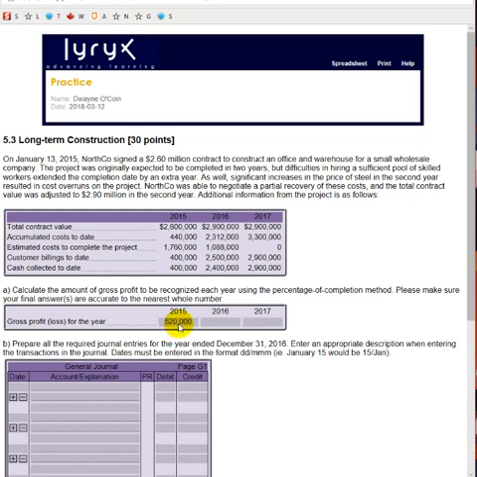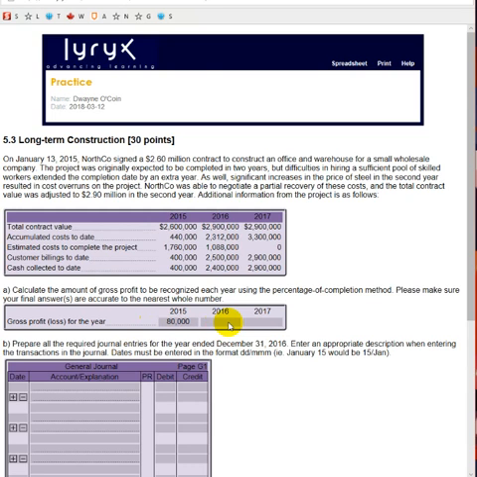That's the amount of revenue we've earned, 520. And of course from that we subtract the cost to date, 440,000, which means we have a gross profit for the year of 80,000.